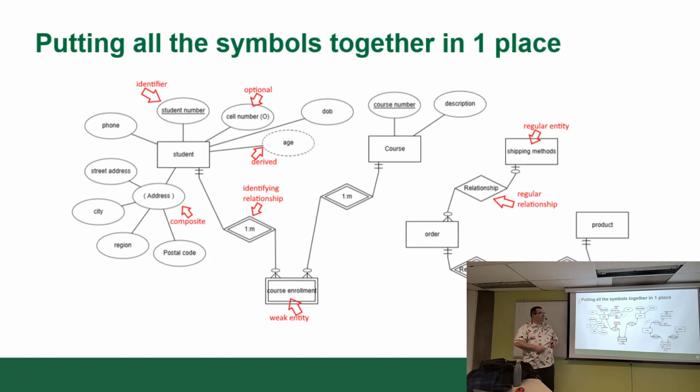Okay, so now here's a diagram that shows all the symbols in one place. Literally this is your reference for labs, and this is the slide you really want to study for the exam, for the midterm. We already talked about the composite and derived and optional, but here are our relationships. So shipping methods to order. Each shipping method can be used on no orders or on many orders, because in theory, you just got a new shipping method and you haven't shipped anything using it yet.